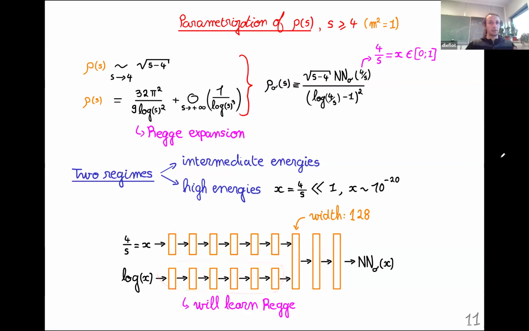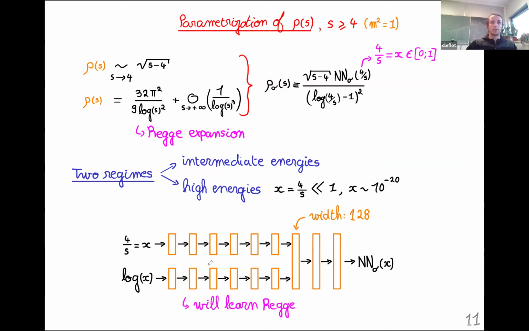The idea behind this architecture is that when x is extremely small, of order 10 to the minus 20 for example, and you keep increasing x, then the output of this set of layers will basically remain constant, while the output of this other set of layers will vary as x varies.